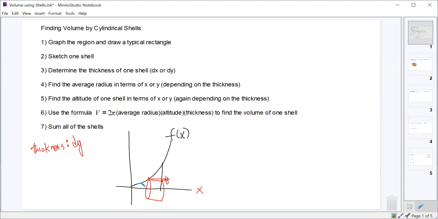But because it does have a tiny thickness of dy to it, we can find the volume of that cylinder. And so the volume of that cylinder should be the lateral surface area of it times the thickness. And so you'll see that down here. The volume ought to be the lateral surface area, which is 2 pi r times the height or the altitude. Because if we think about a cylinder, right, how do you find the lateral surface area of a cylinder?